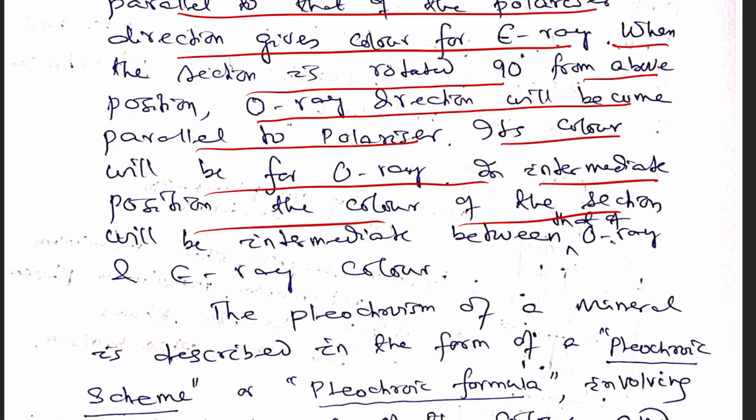If the section is oblique, then the color varies within the colors seen for the O ray and the E ray. So it is an intermediate color.